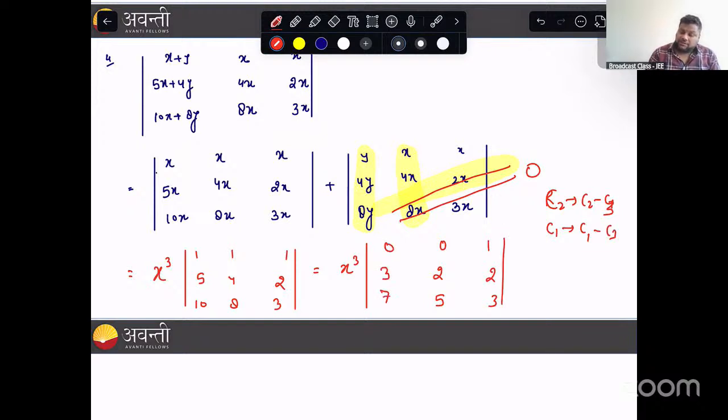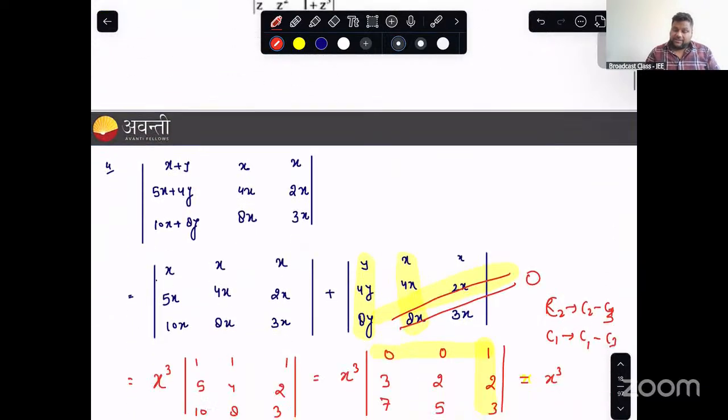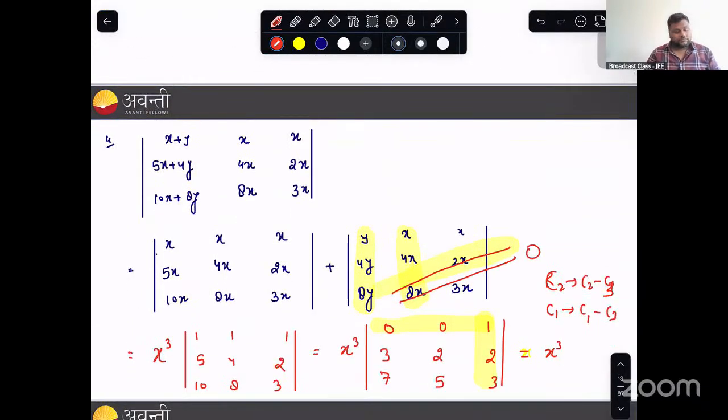Now if you solve this determinant along this, value is 15 minus 14. So value is 1. So it will become x cube. So value of n is 3. Understood, everyone? Am I clear?